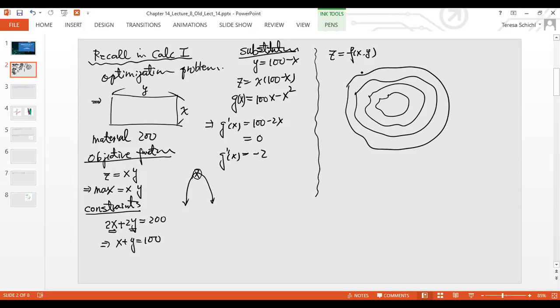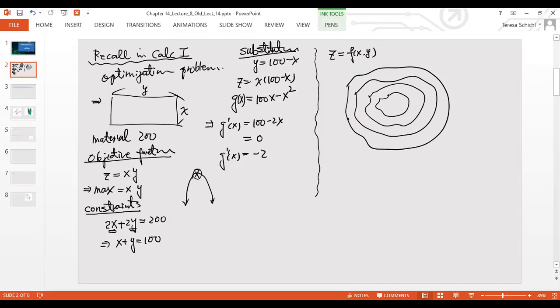This is what we call the surface. Then you give me some constraints, which could be different things here. So basically, you look here.